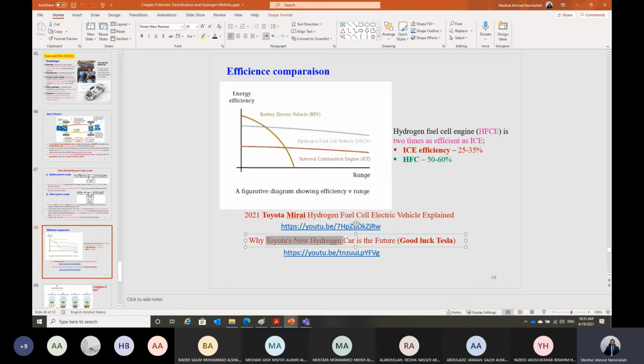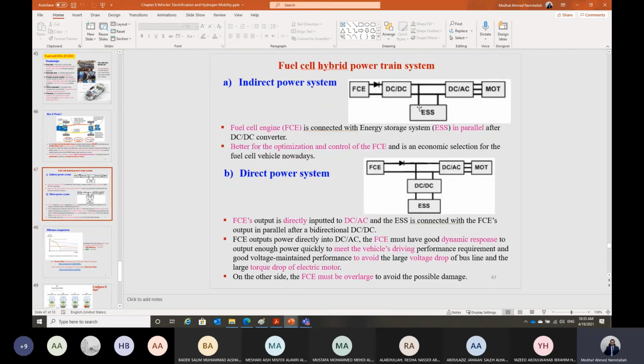And Toyota, with this kind of fuel cell electric car, the advancement in the battery electric vehicle's battery will be used later on in the hydrogen fuel cell. As you can see, in the hydrogen fuel cell we have to have batteries as well. But the function of the battery is not to drive the power for the electric motor. No, the function of the battery is just to store the extra amount of electrical power.